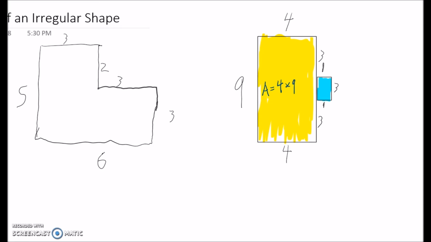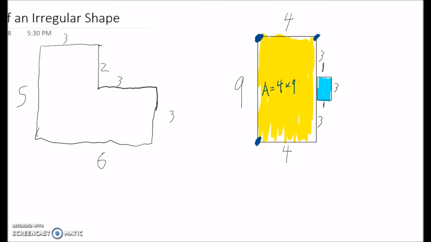And this is something to recognize to know which sides matter. Basically you have to take the sides that are actually encompassing the entire rectangle. So this 4 goes from the top left to the top right, and the 9 goes from the bottom left to the top left.